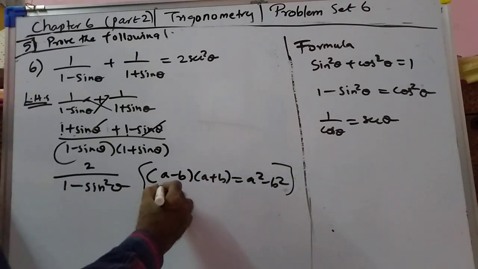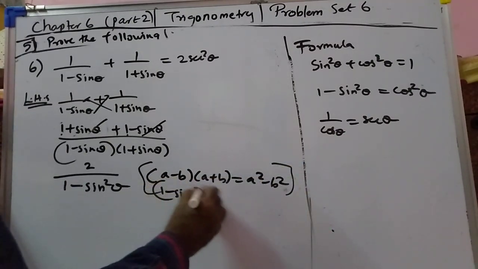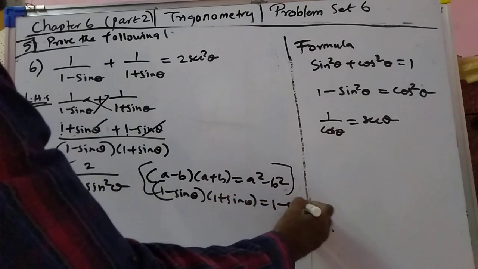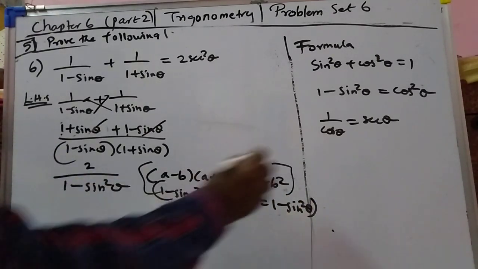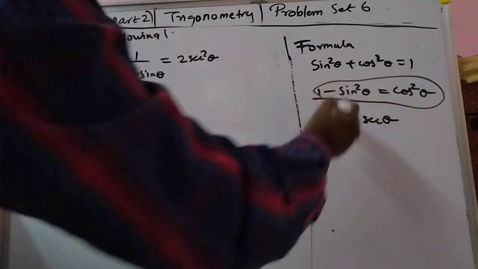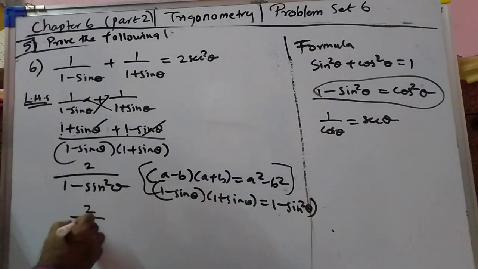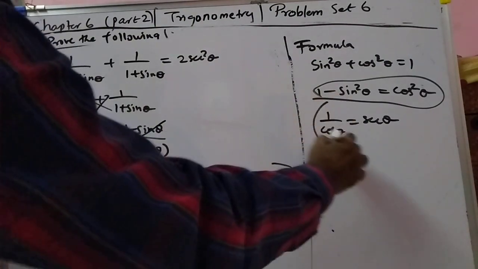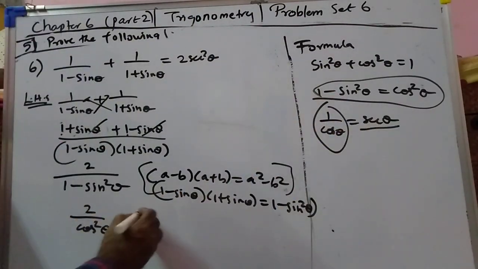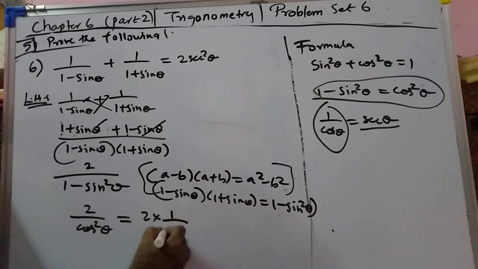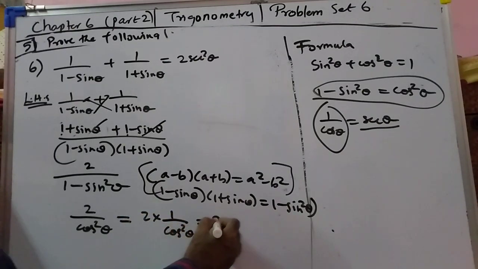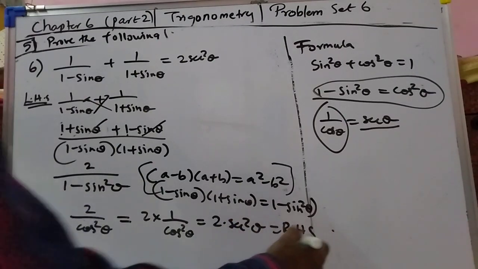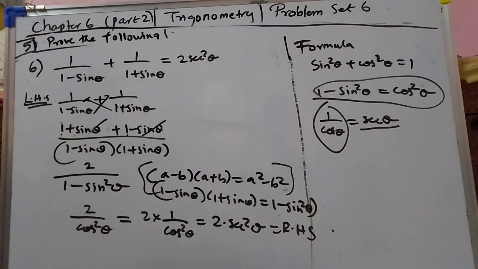So it is equal to 1 minus sin square theta. But we know that 1 minus sin square is cos square theta. So 2 upon cos square theta. But 1 upon cos is sec. So 2 into 1 upon cos square theta is equal to 2 sec square theta, that is equal to the right hand side. Next we do the seventh one.